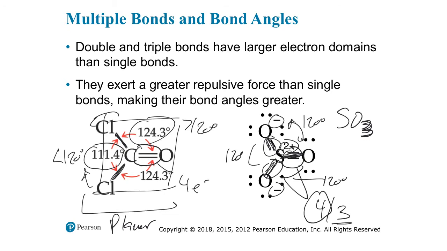In the case of SO3, this double bond is being spread across the other connections at all times, such that all the bonds are actually exactly the same. So we have to apply a little bit more thought to something like SO3 to see that the bond angles would actually be all exactly the same.